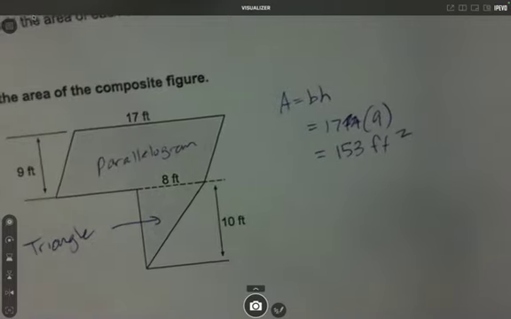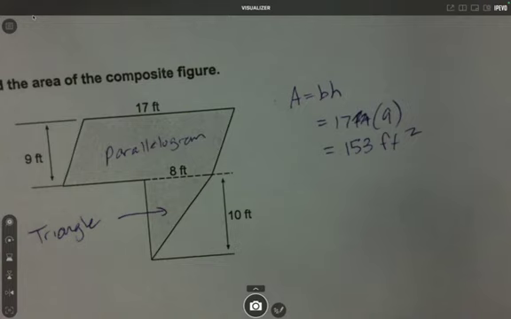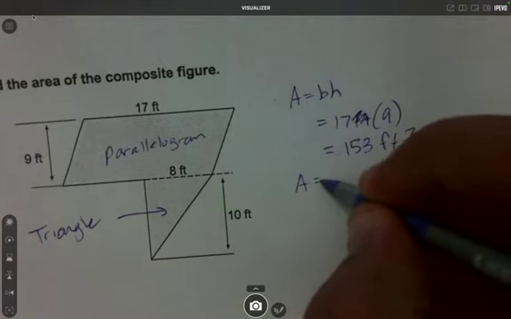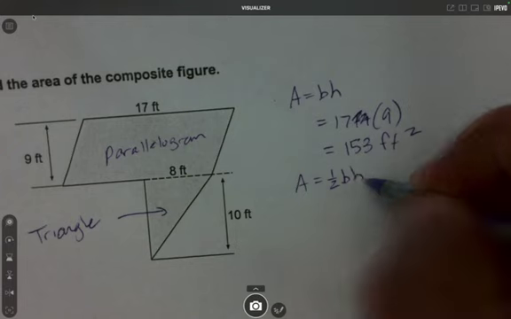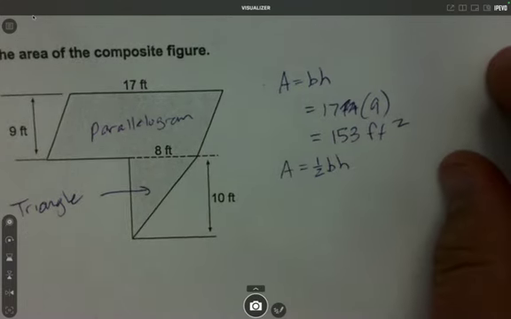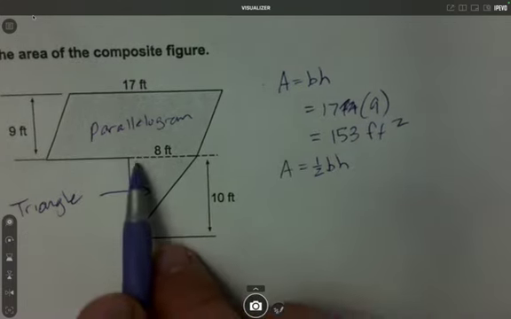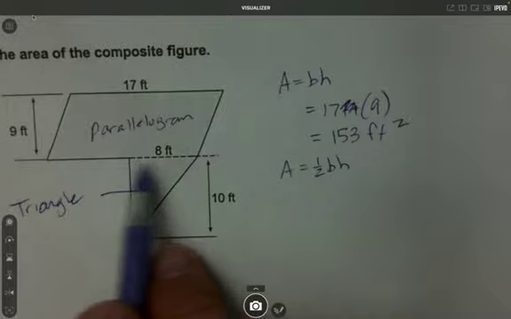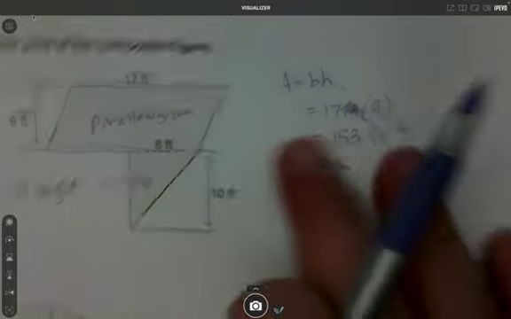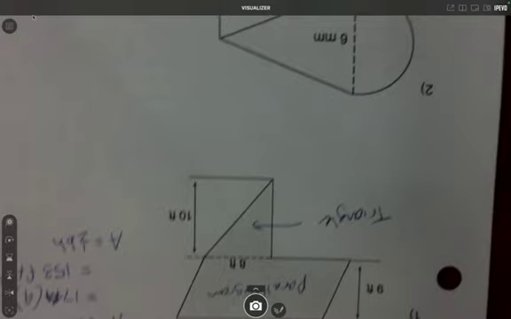But remember, we're not done because that did find the area of the parallelogram, but we want to find the area of the whole thing. So a triangle, the formula is half times the base times the height. Our base for this triangle is 8 feet. I know it feels upside down, but if you flip this upside down, then it makes sense.